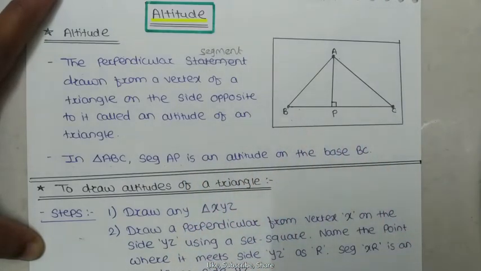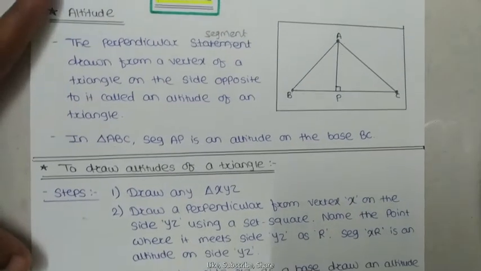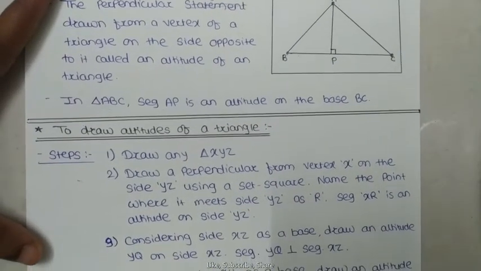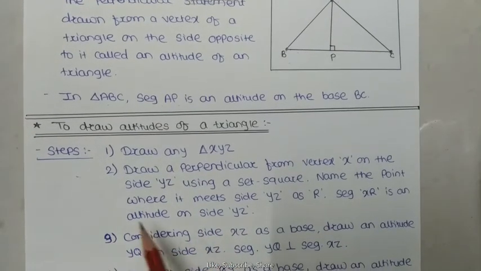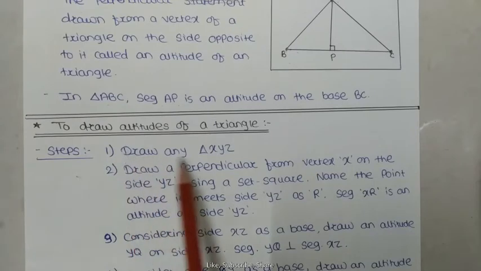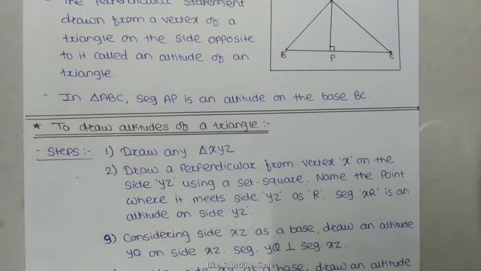Now next is to draw the altitude of a triangle. How to draw the altitude of a triangle? There are some steps we have to carry out. The first step is: draw any triangle XYZ. We have to do these steps one by one. So first of all, draw the triangle XYZ.